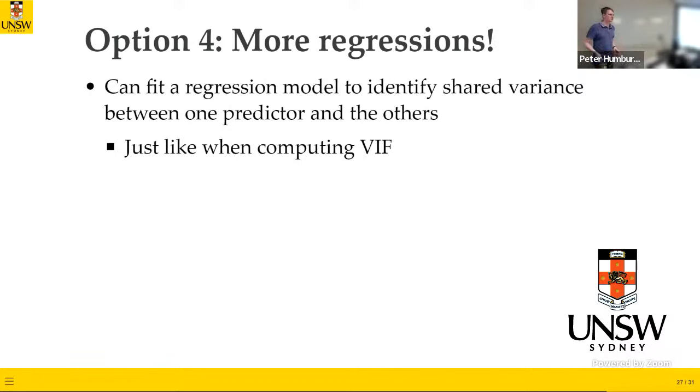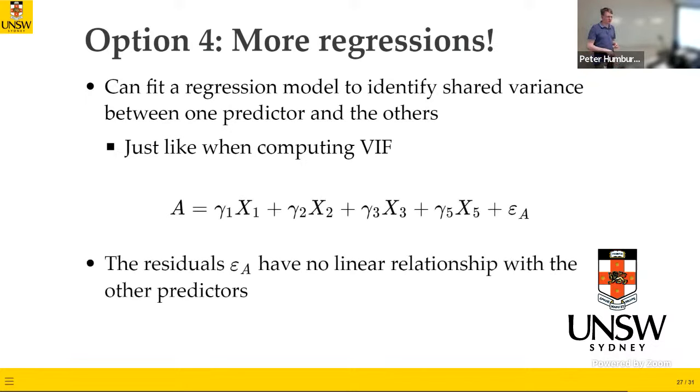So we could fit this model. And now the model tells us which part of A, say, is explained by the other variables, right? And so with this model, we could take the part of A that's explained by our other predictors and just throw it away because that's in our model already, right? We don't really need this again. And we'll just keep the bit that's left over. So in our regression model here, that's the residuals.